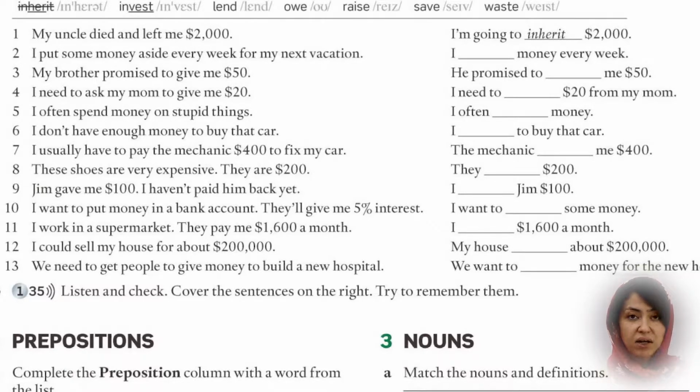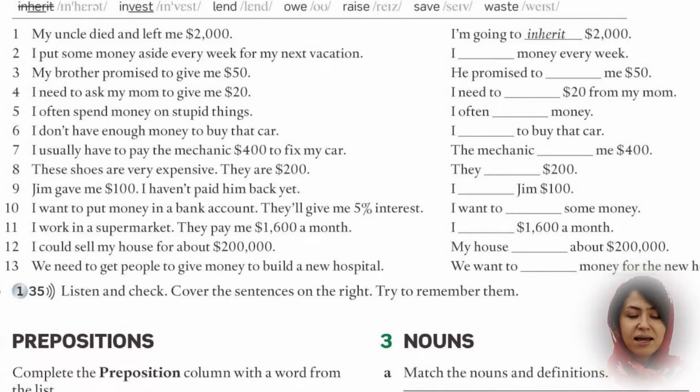So the best price of my house is worth about $200,000. And the last one, number 13. We need to get people to give money to build a new hospital, to collect money for a purpose. We want to raise money for the new hospital.